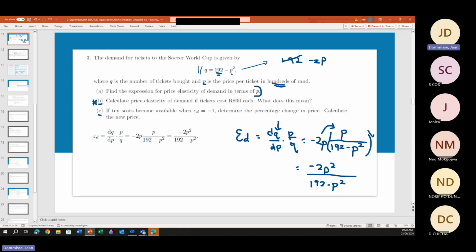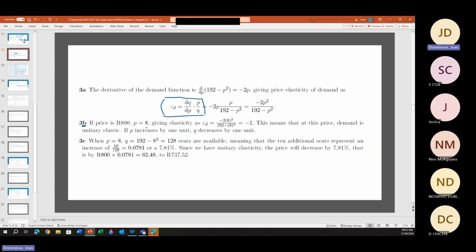So what will happen is they will ask you a price of 800 Rand, and if you added 800 in this formula, you will get an answer, but because it is in hundreds, you should have put in 8. So that will then give you a different answer. So go and test it, be careful.